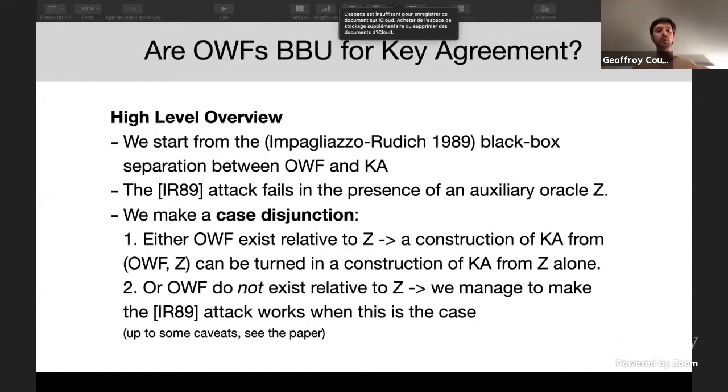Or there are no one-way functions relative to Z. So we have a one-way function inverter, and we managed to use this inverter to make the Impagliazzo-Rudich attack efficient even in the presence of Z, up to some caveats I'll let you see in the paper. And so that's the essence of the proof.